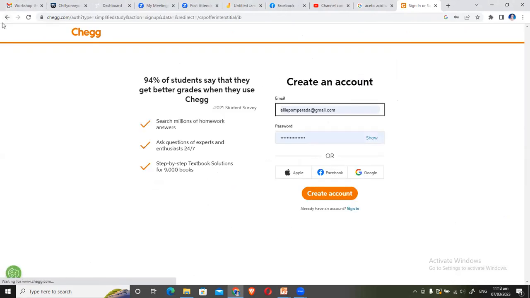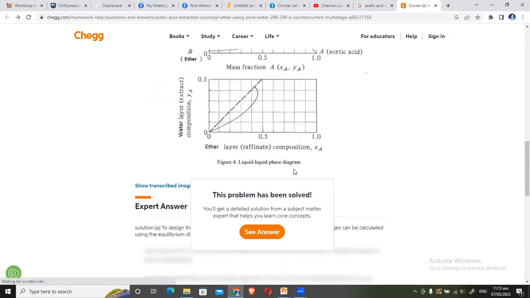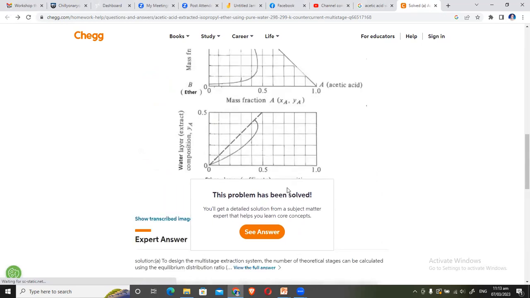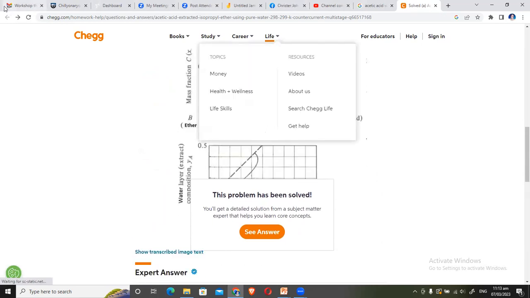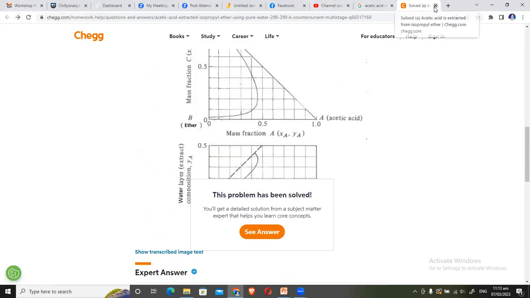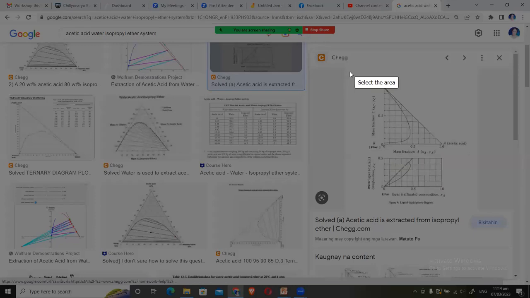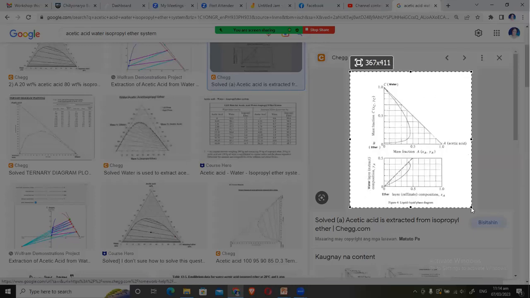Never mind the answer, because they're going to ask you for the answer for the payment. We just want this diagram here. But I can't. Wait, class. I look for a different site where we can have an enlarged diagram for this. Or I can have this screenshot enlarged, so this will appear bigger.